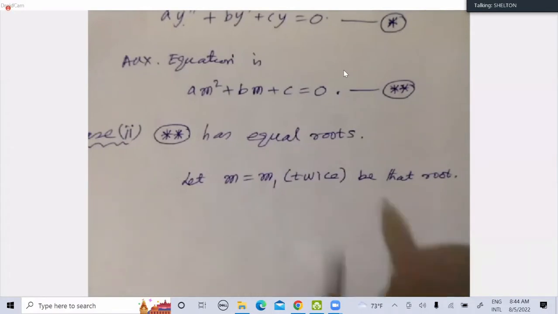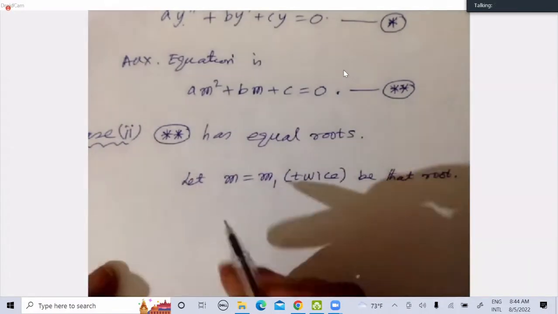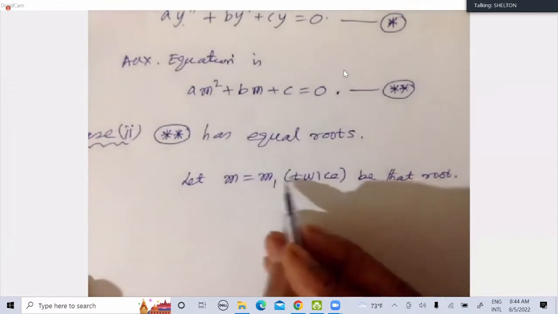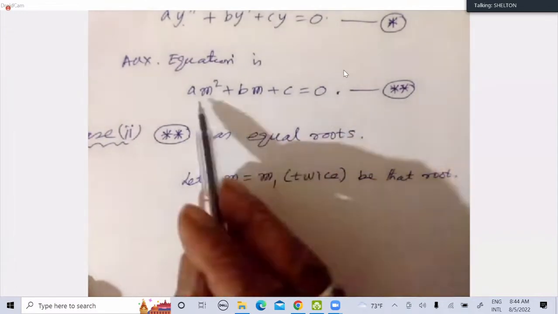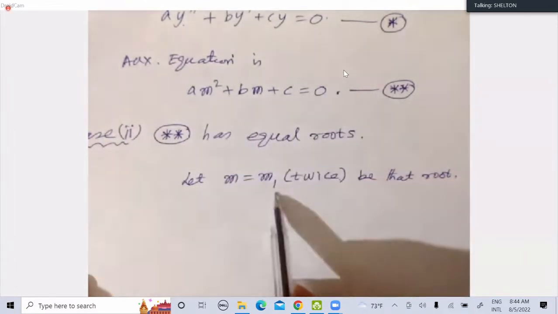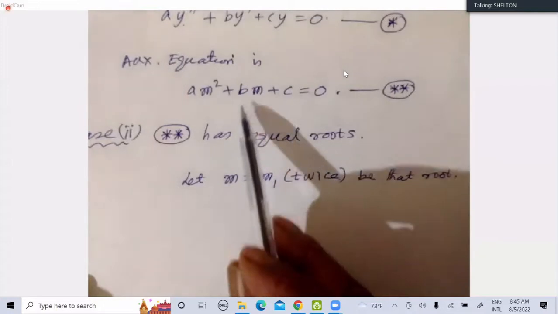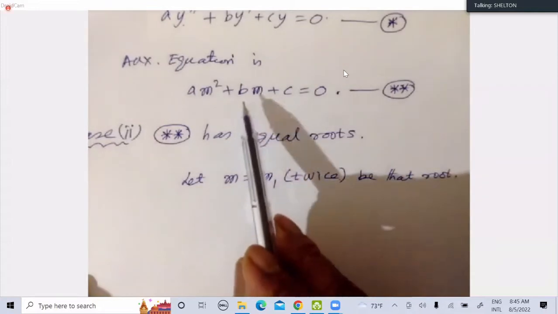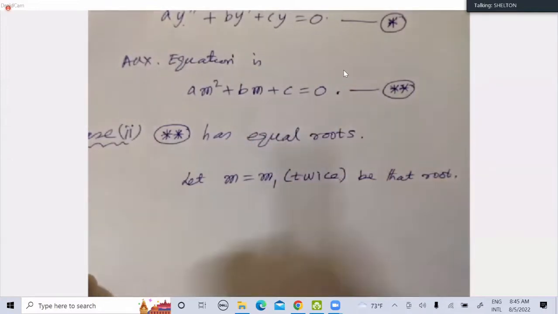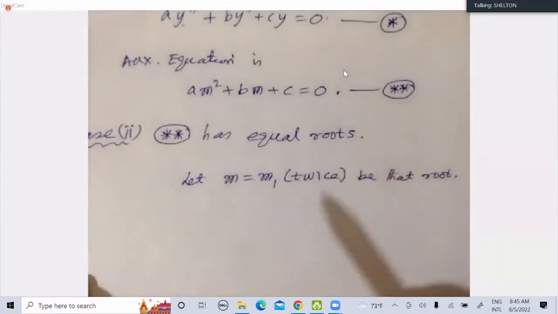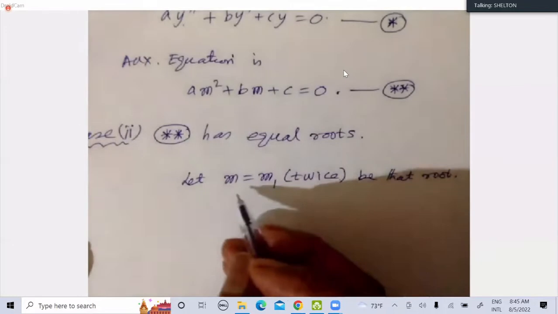A quadratic must have two roots, but here the discriminant of this equation is equal to 0. Therefore you get equal roots. Equal roots means discriminant 0. Discriminant 0 will give you equal roots.